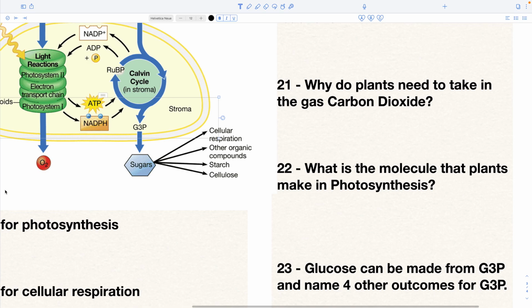22, what do plants make? They're making sugar. That's the whole purpose of this photosynthesis. Yes, 21. They need the carbon to build up sugar.